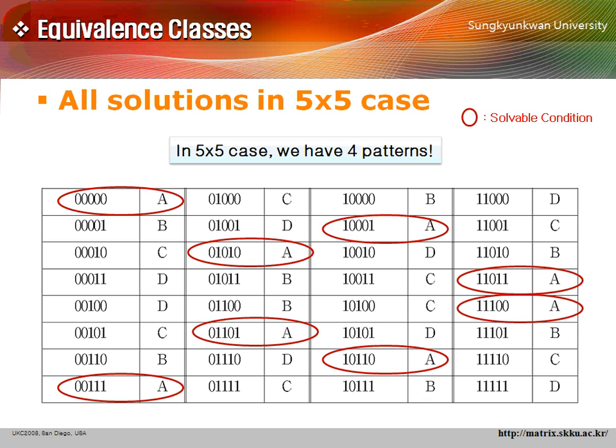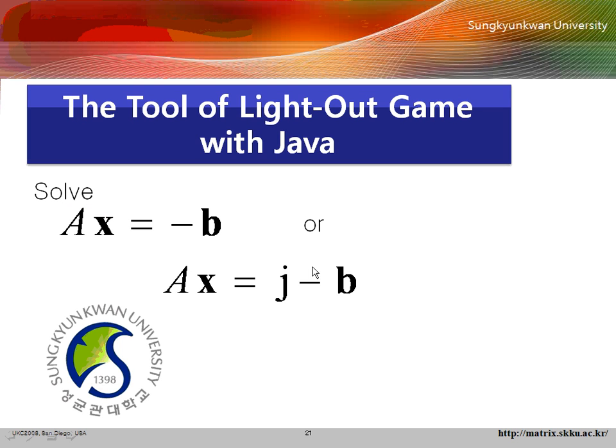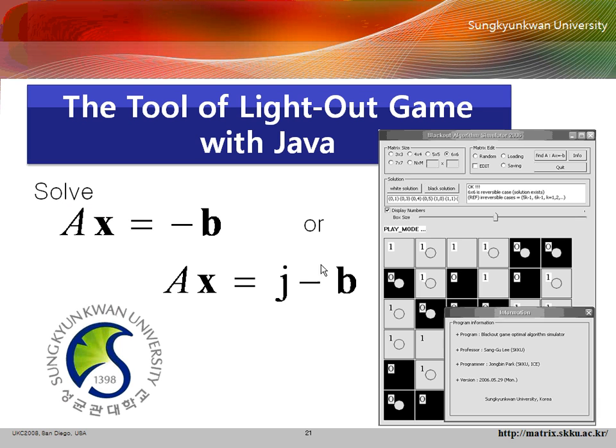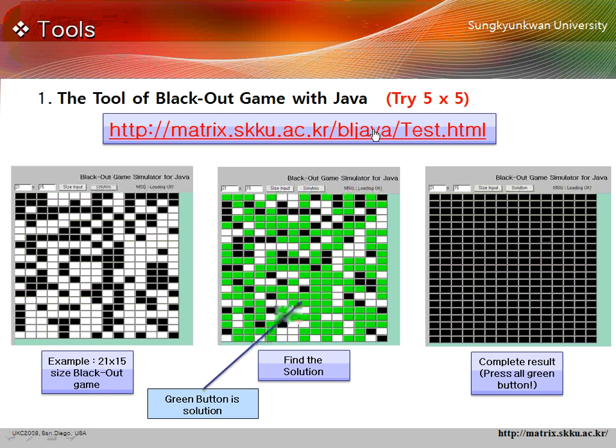Then at least the players don't have to worry about the existence of solutions, because the initial condition that will be given is always guaranteed to be a problem that has a solution. So that was our idea to get rid of the complexity for the 5x5 case. With that, we developed the games, and that gives us this program.